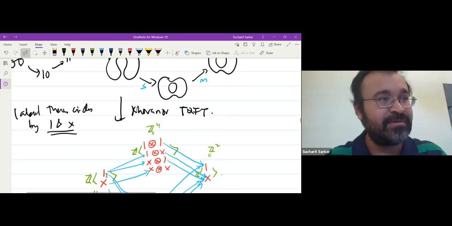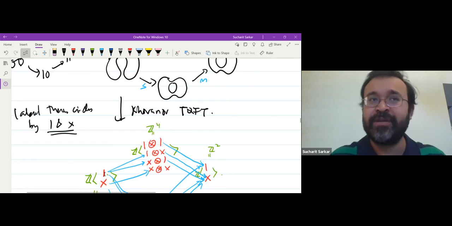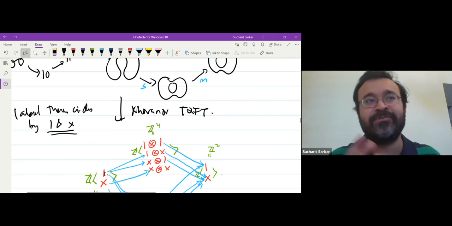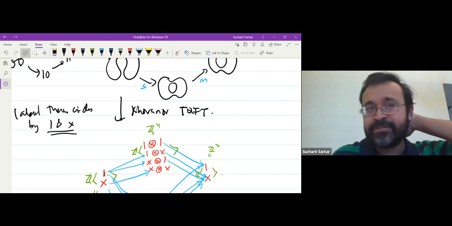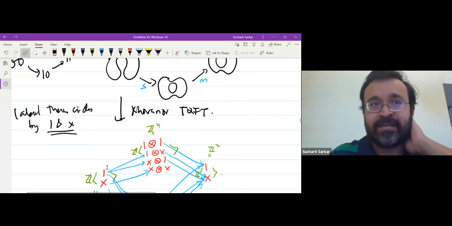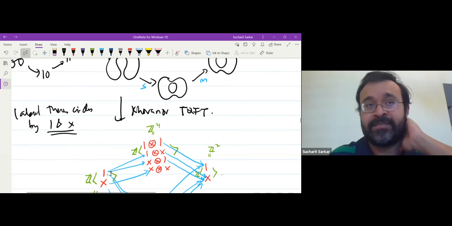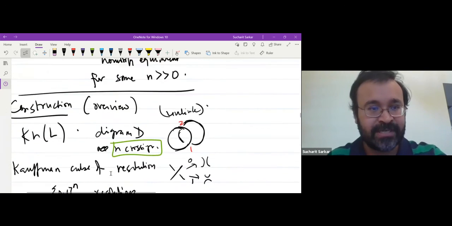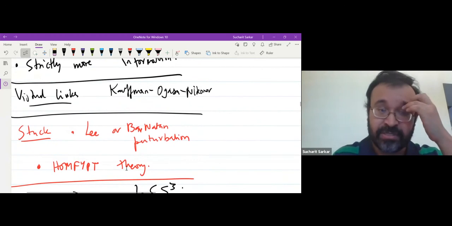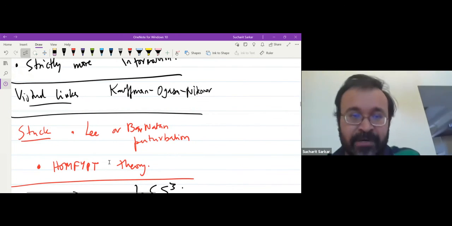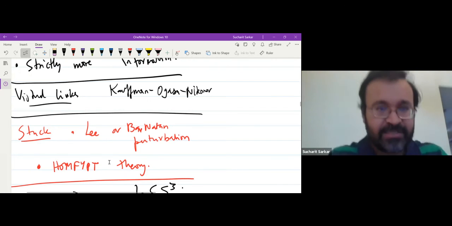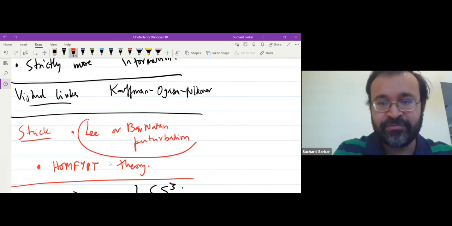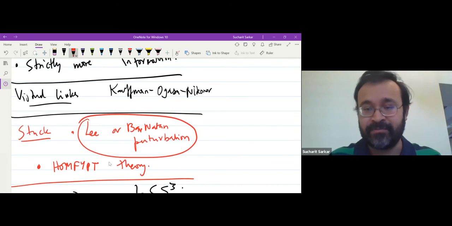Most probably we are only seeing the tip of the iceberg. We should get some more interesting space which actually does see the relation between the different quantum gradings, but we don't see that. This is related to the thing that we don't know. The Lie or Bernoulli perturbations are the ones which see the relationship between the different quantum gradings.